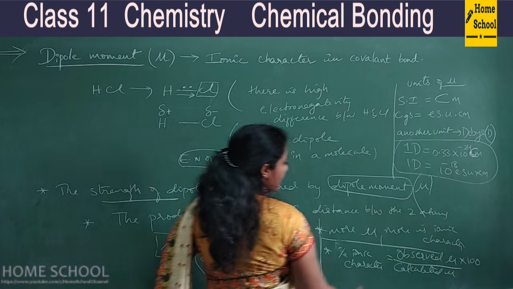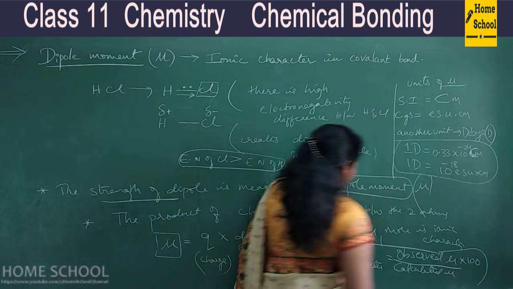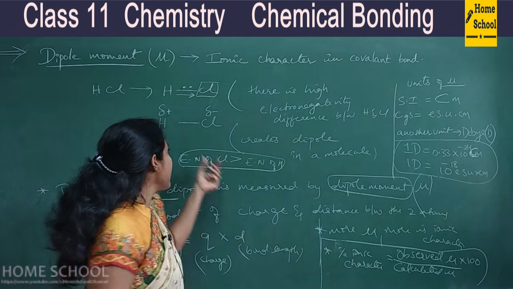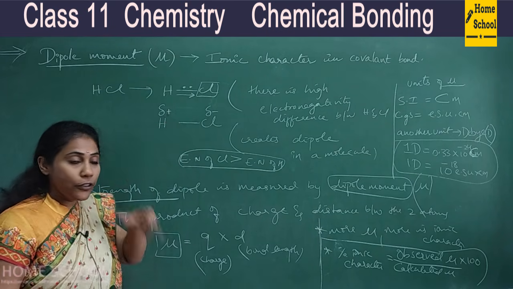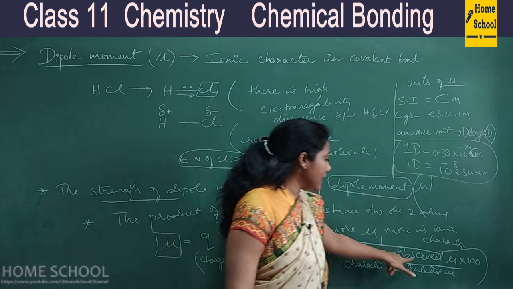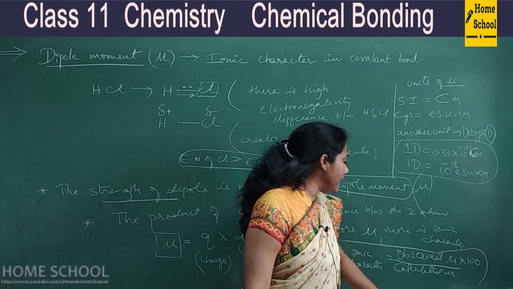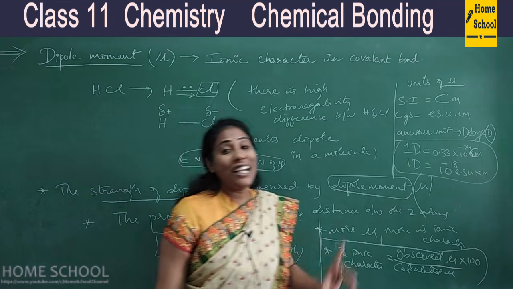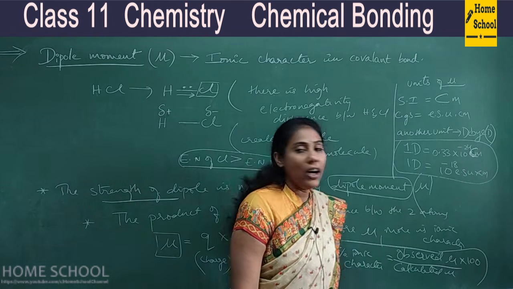Okay, so this formula is very important, guys. If you want to calculate what percent ionic character is there in a particular compound, the formula is observed dipole moment divided by calculated dipole moment into 100.